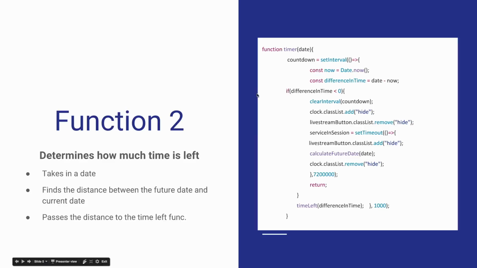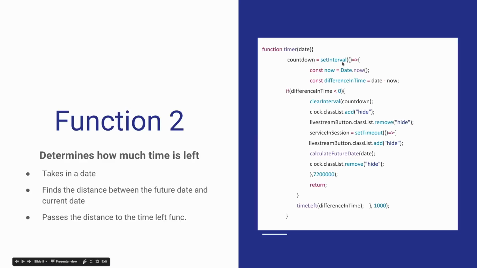Okay, and then we're going to pass the distance to the time left function right here. But before we do that, we also have some conditions. We have to check and see if the timer is at 0. So if there's 0 time remaining, which means that the event is now, we're going to stop the timer, right?